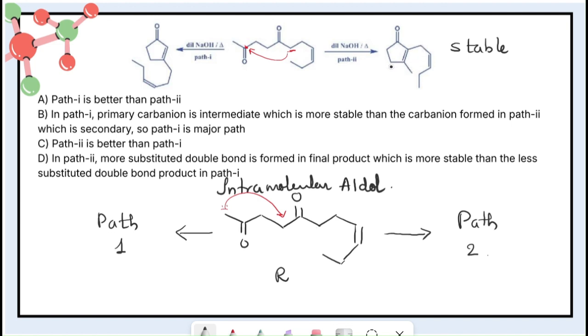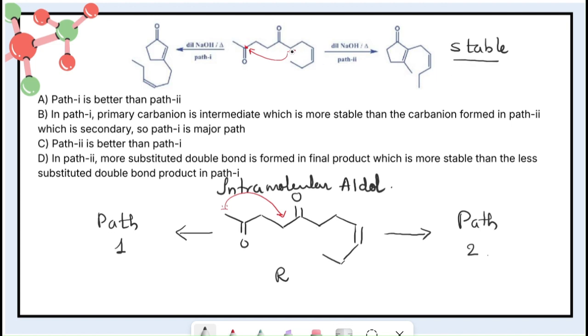The more the substituents, the more will be the stability of the double bond. Because when we have more carbons, we tend to have more alpha hydrogens or allylic hydrogens, which will stabilize the double bond due to hyperconjugation. Therefore, this product is more stable.